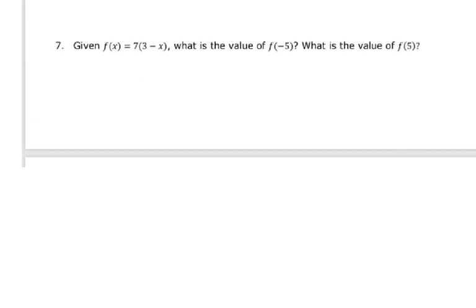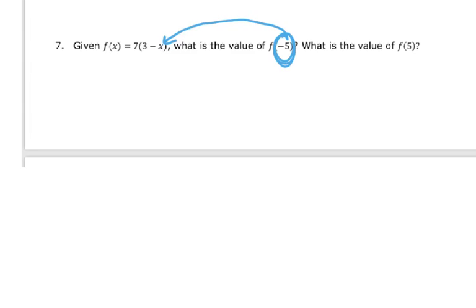Number 7, very common. It says, given this equation, what is the value of f of negative 5? And what is the value of f of 5? So last class we talked a lot about this. It's very easy. If we have a number in parentheses, we just need to take it and plug it in for our x value.